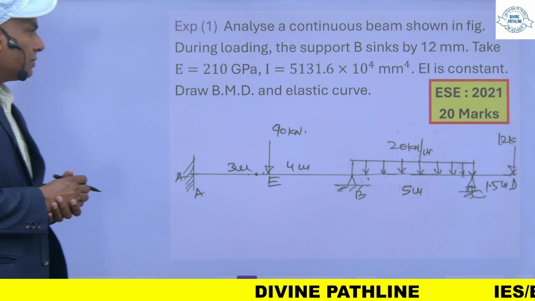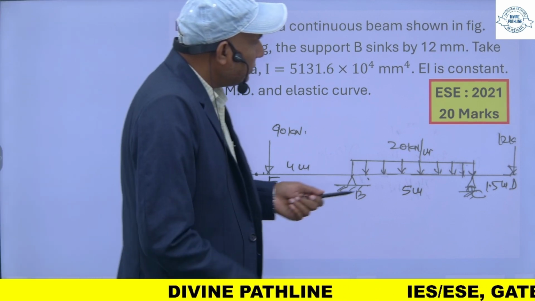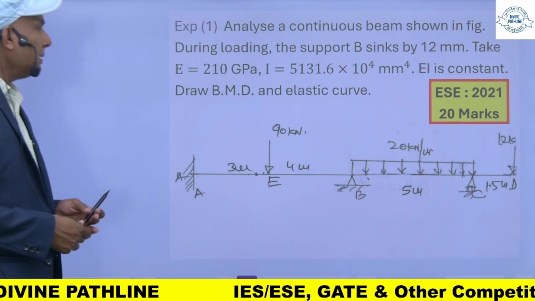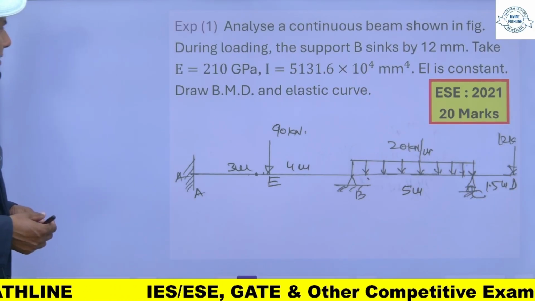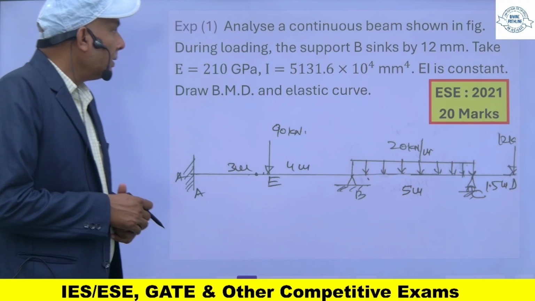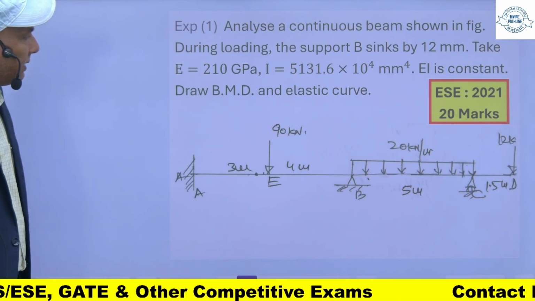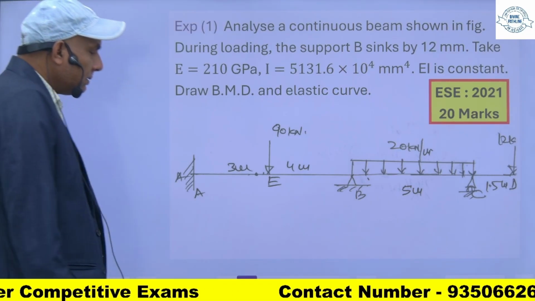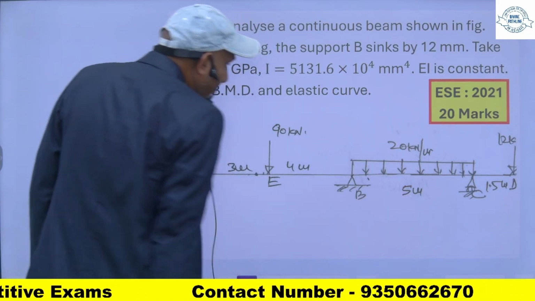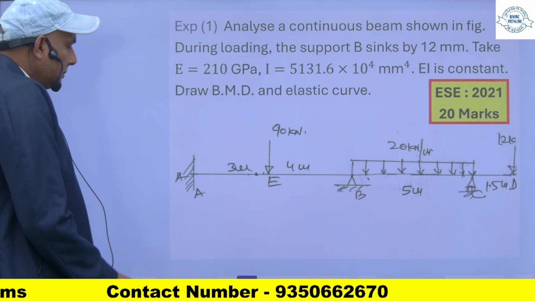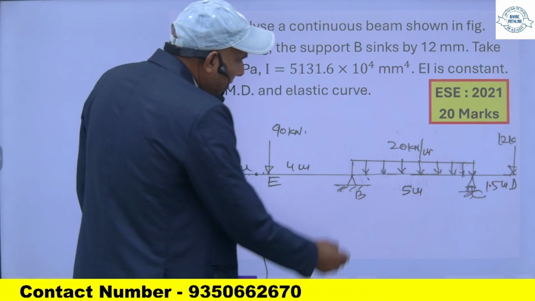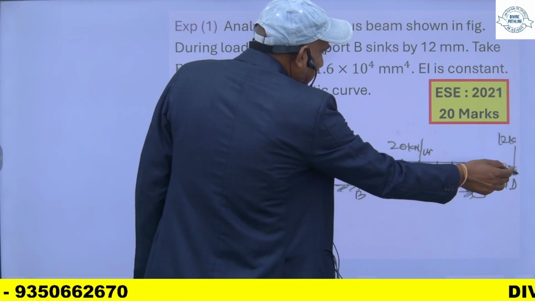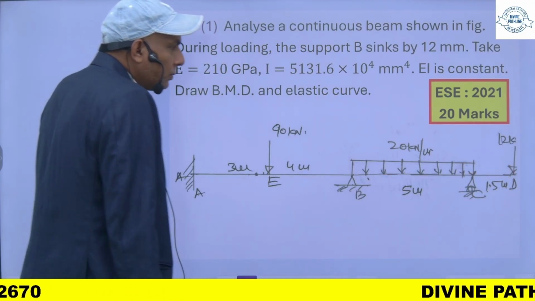So this is a question that came in engineering services 2021 and it carries 20 marks. Analyze the continuous beam shown in the figure. During loading, support B sinks by 12 mm. This is a continuous beam and this end is fixed. The simple support is a roller and this portion is an overhang of 12 kilonewton.